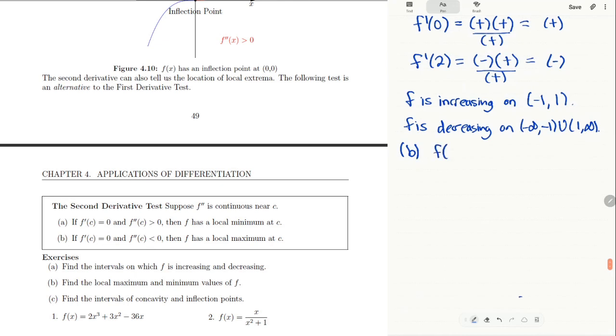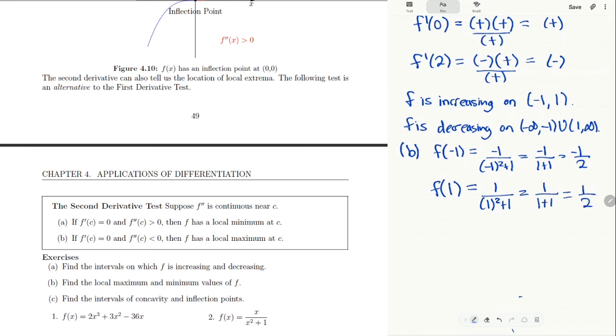Let's determine the values at these critical numbers. f of negative 1 is negative 1 over negative 1 squared plus 1. That is negative 1 over 1 plus 1, or negative 1/2. And f evaluated at positive 1 is 1 over 1 squared plus 1, which is 1 over 1 plus 1, or positive 1/2.